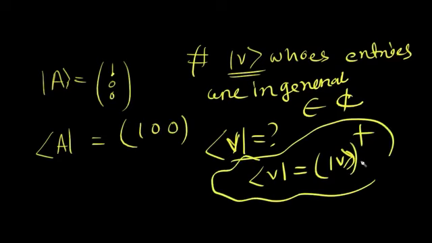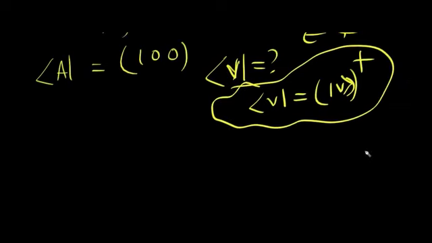This is the definition. Remember, this dagger is called the adjoint operation, or some people like to call it the Hermitian conjugate, but we'll just stick with the dagger operation. That's more clear in my point of view.